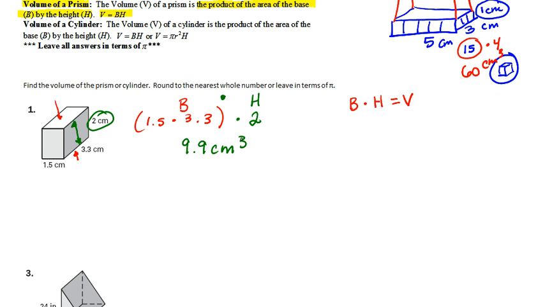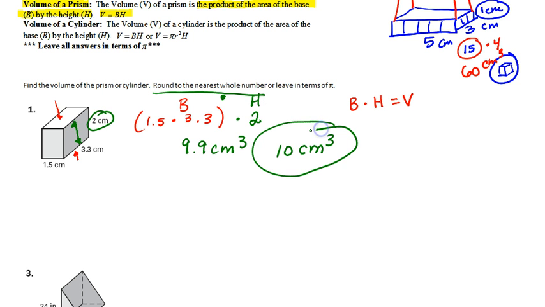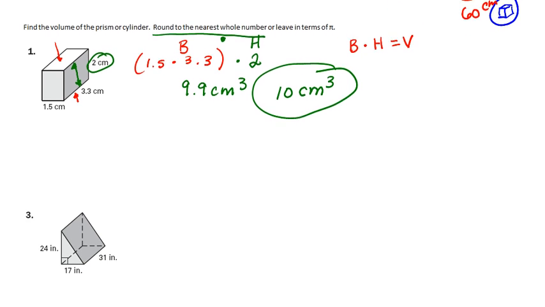Now, for this particular situation, I'm going to round this to the nearest whole number, which would give me 10 cubic centimeters, because it says round to the nearest whole number. So the volume of this particular prism is 10 centimeters cubed to the nearest whole number.